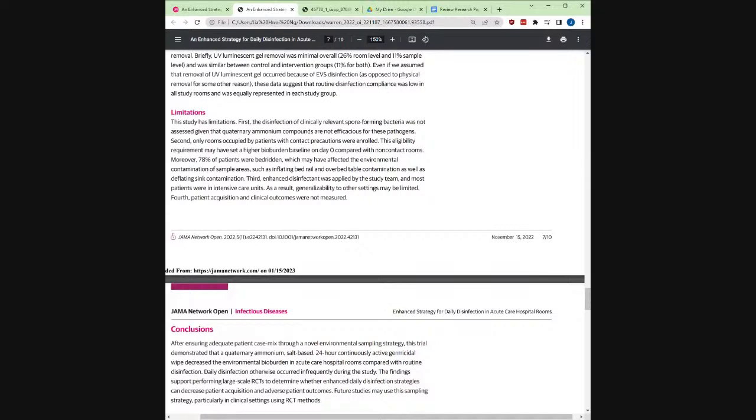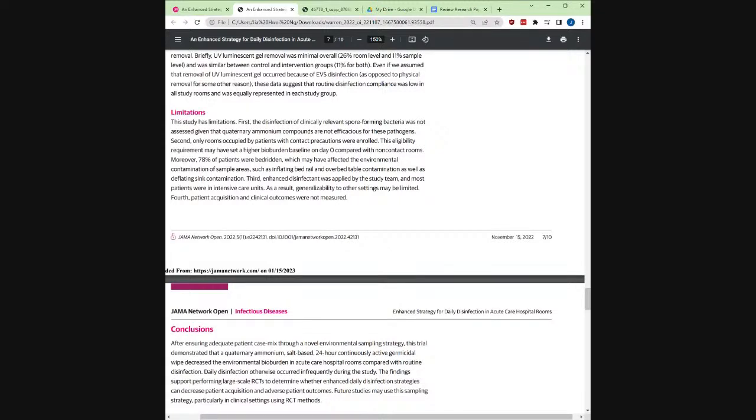Okay, this study has limitations. First, the disinfection of clinically relevant spore-forming bacteria was not assessed, given that these quaternary ammonium compounds are not efficacious for these pathogens. So they are clear that it only disinfects a certain type of bacteria, but not the spore-forming type.